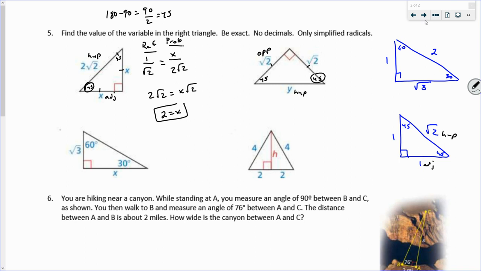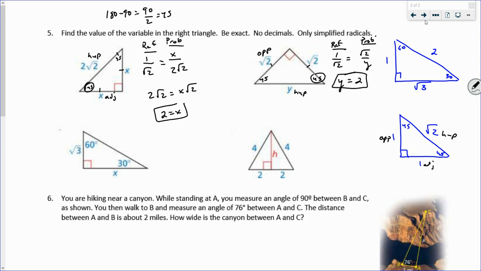Our reference triangle would be 1 over root 2. And then our problem would say root 2 over y. So we get y equals root 2 times root 2, which is 2. So we're already done. How about that, joy?